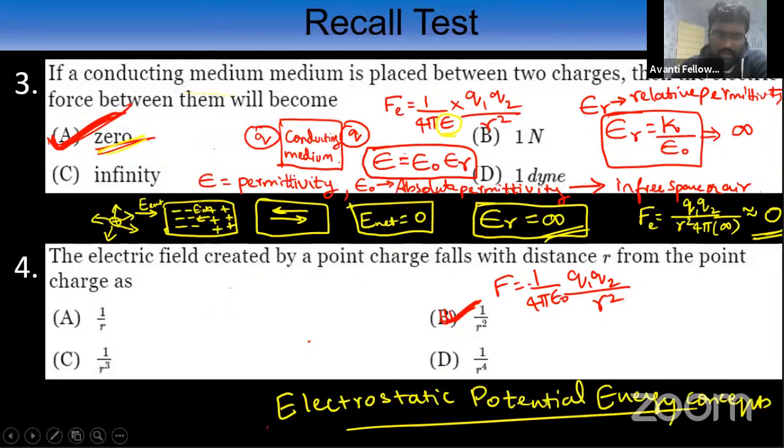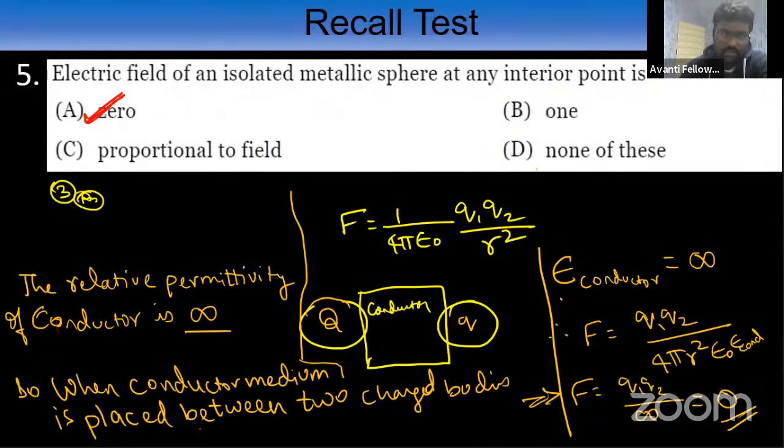I tried to give that in your notes yesterday as well. I had mentioned the third answer for you guys. So this is how, when we keep a conductor between two charges, the force between the two charges becomes zero. This is the explanation which I gave, and I hope all of you have understood this. Click on yes if you have understood this.